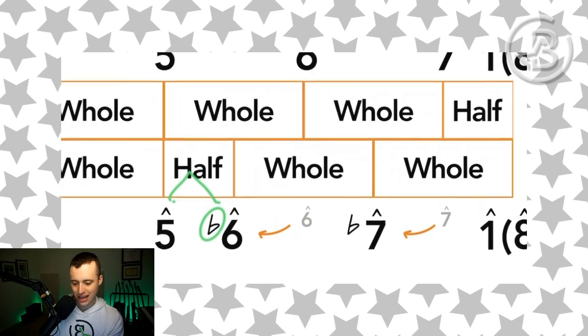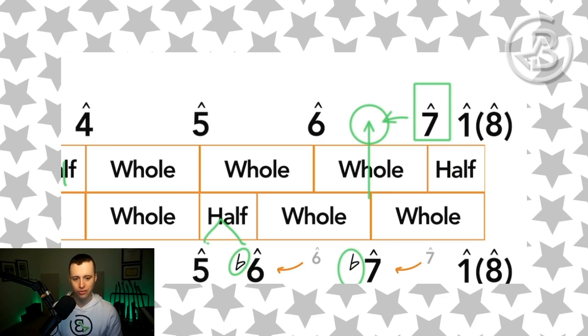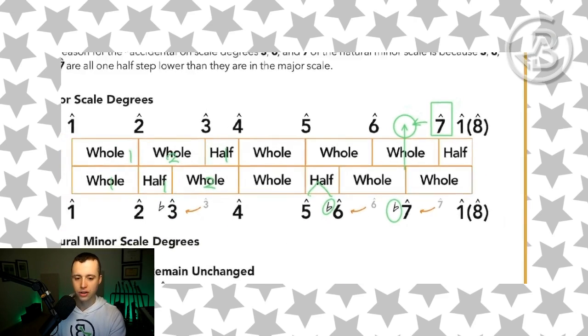And we can see the same thing play out here. 7 is happening here in the natural minor scale, whereas 7 is happening over here in the major scale. So because it's happening 1/2 step sooner, 1/2 step lower, we're going to put that little flat accidental in front of the scale degree.